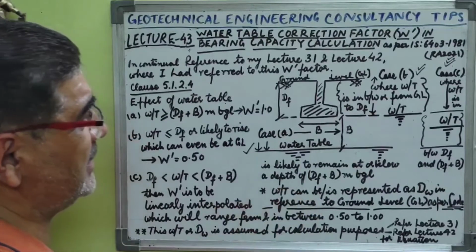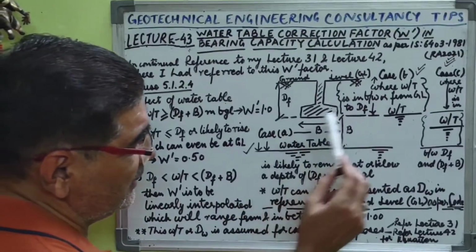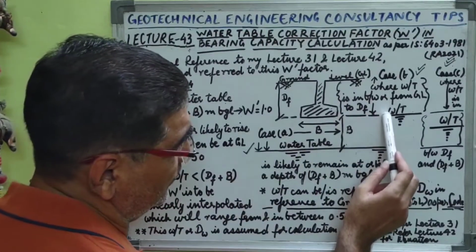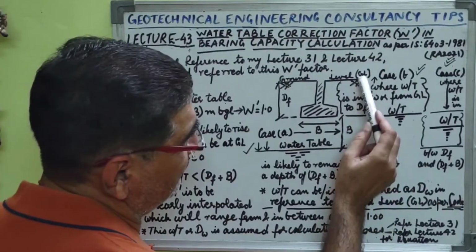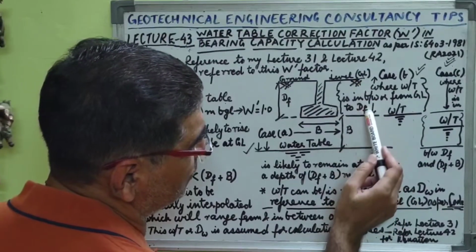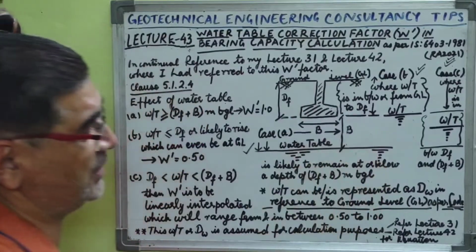Case B is that in which the water table position may vary from ground level to the depth of foundation level.